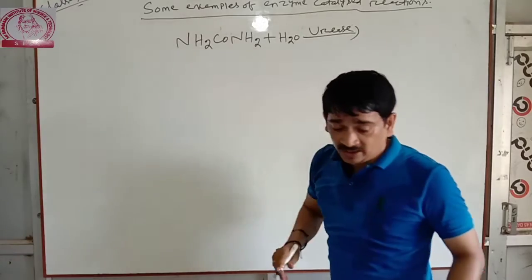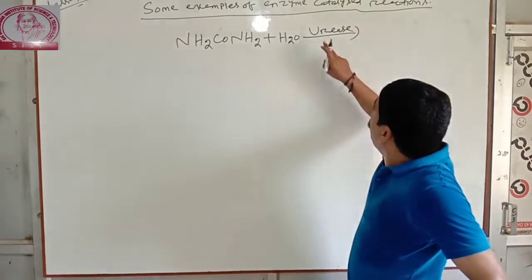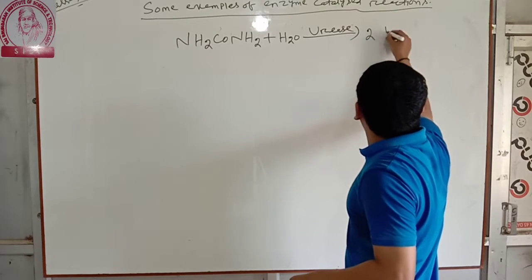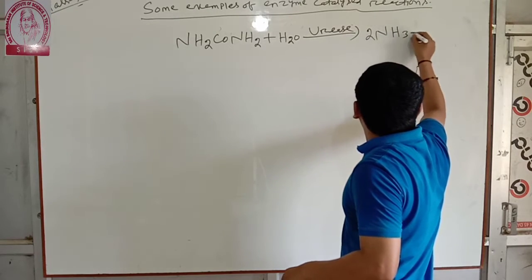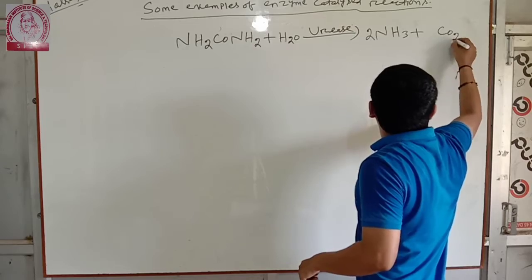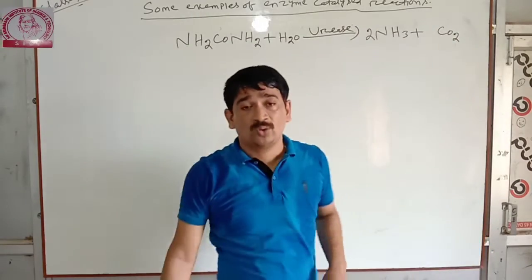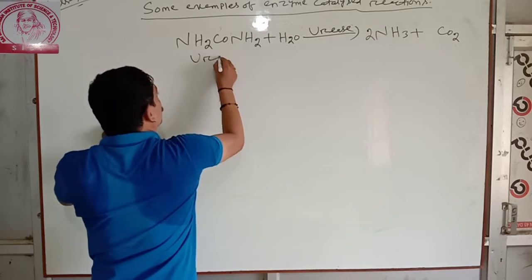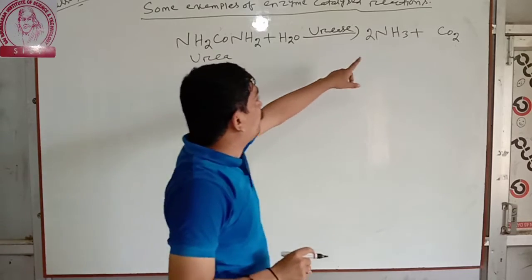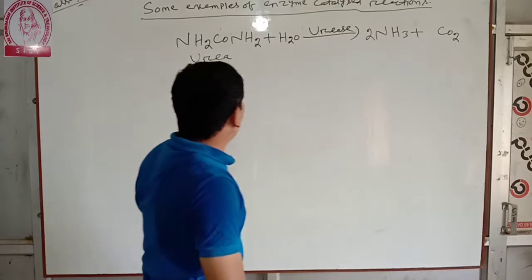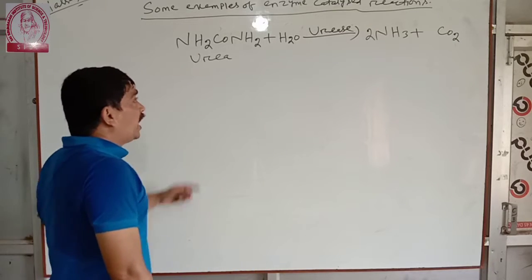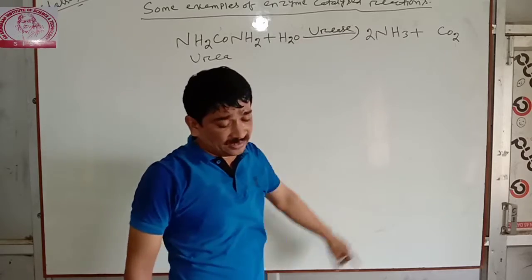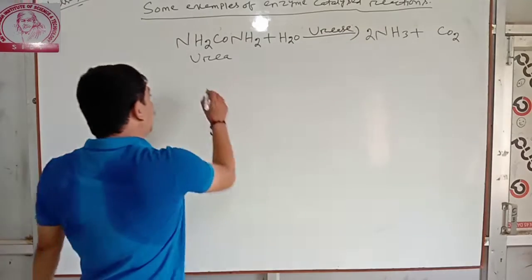Urea, spelling UREA, gives 2NH3 plus CO2. Urea converts to ammonia and carbon dioxide in the presence of enzyme urease. UREASE. Urease.